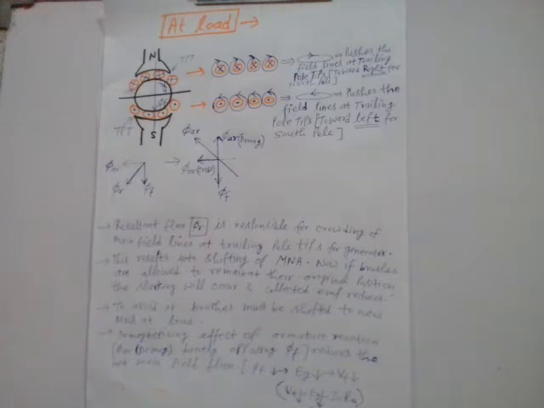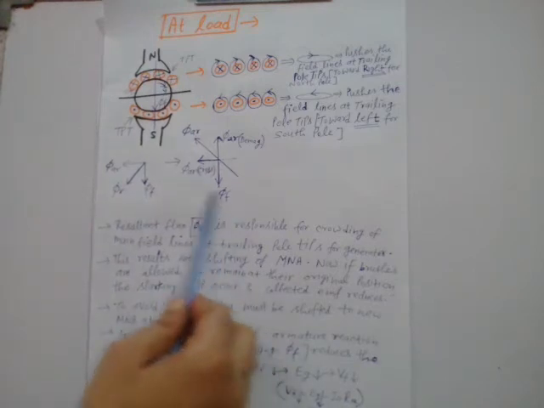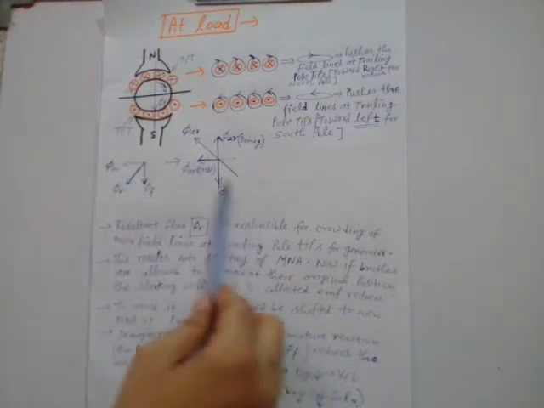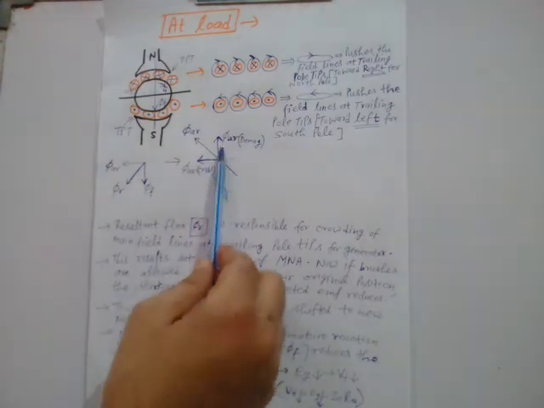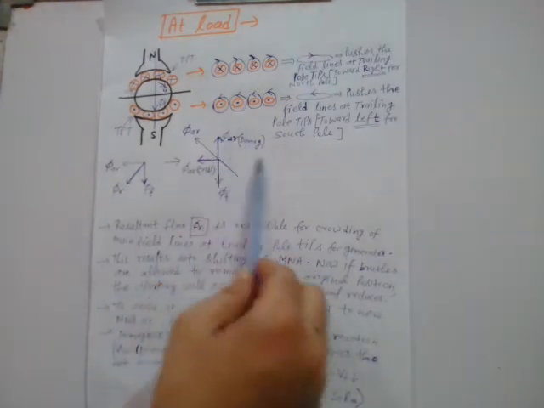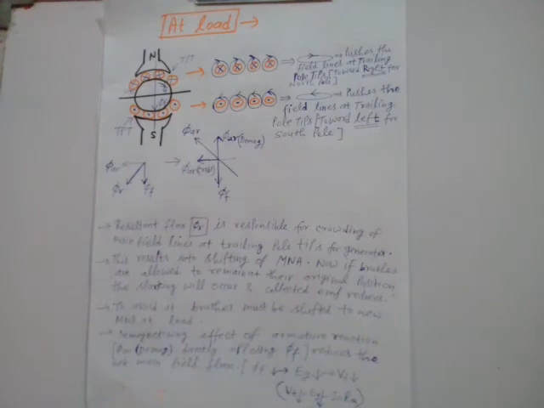So why does the terminal voltage collapse? It is because of the reduction of generated EMF. Why does the generated EMF reduce? Because the net main field flux reduces. Why does the net main field flux reduce? Because of this demagnetizing component of armature reaction flux, right?